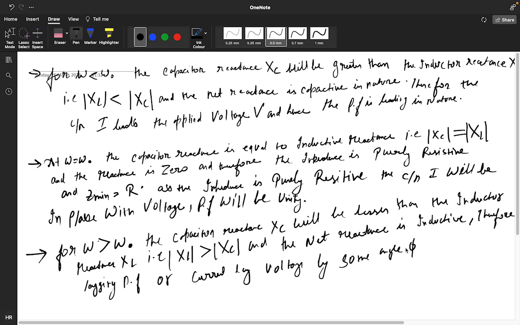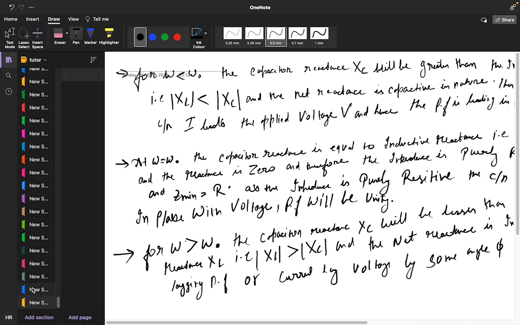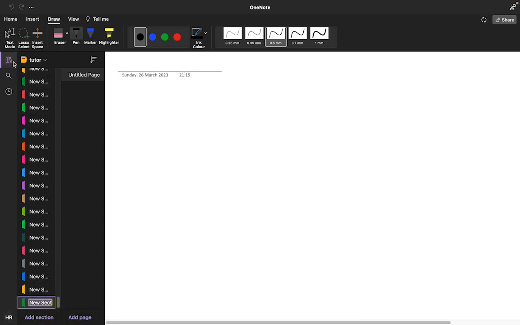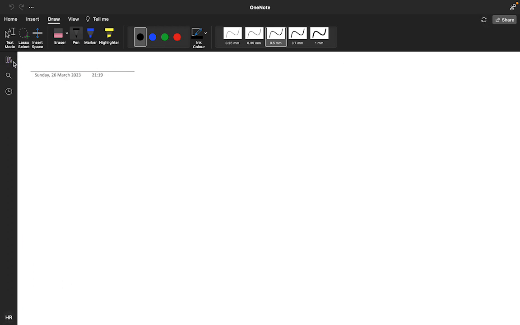Okay, so now the next topic: variation of voltage across inductor and capacitor with respect to frequency.